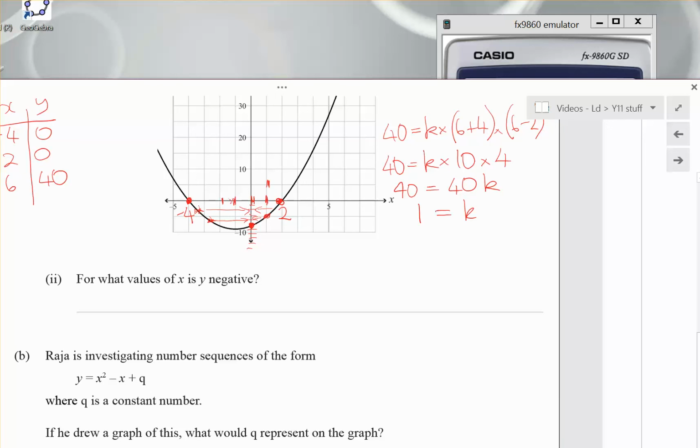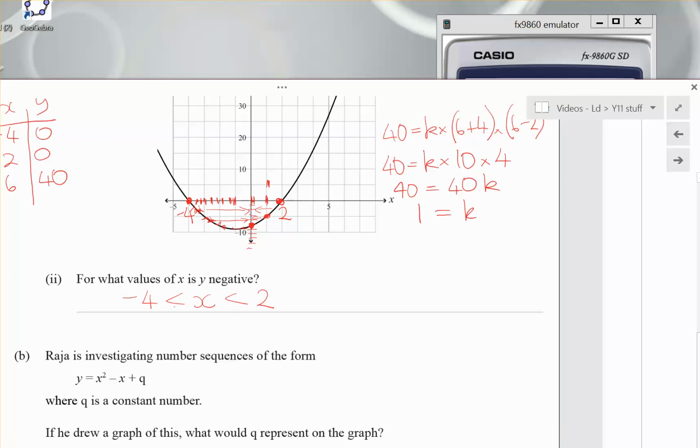Any x value, and even in between of course, using decimals, fractions, whenever I substitute any value between -4 and 2 into the rule we've just found, out will come a negative value for y. So for all x values between -4 and 2, the y value is going to be negative.